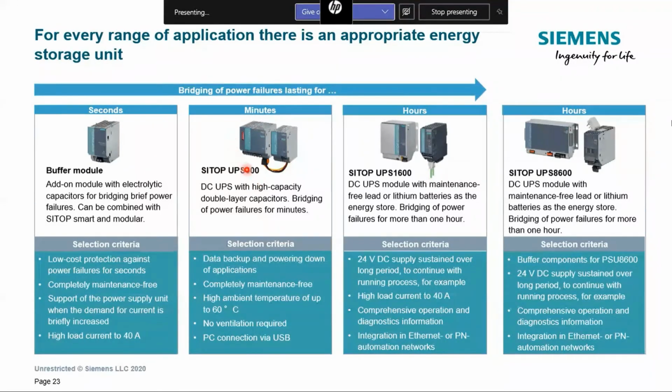And usually this is used in combination with the requirement that you need to do a safe shutdown of your application. So this is also not really practical if you want to actually run your system if the power fails, but this is more of I want to safely shut down my system if the power fails before I go blind.